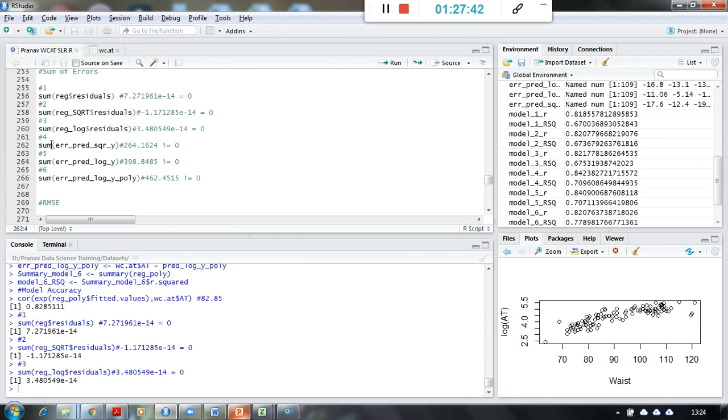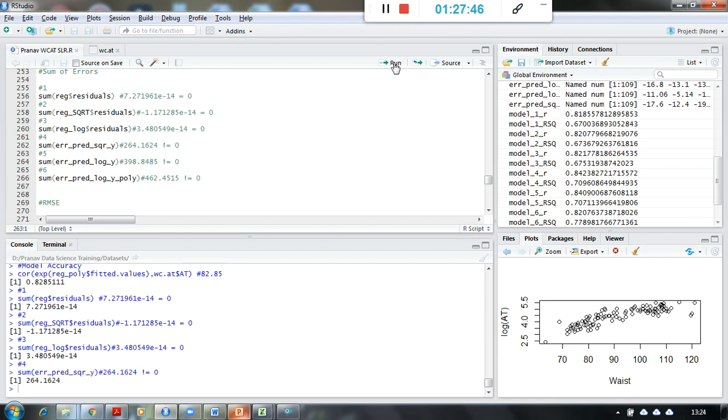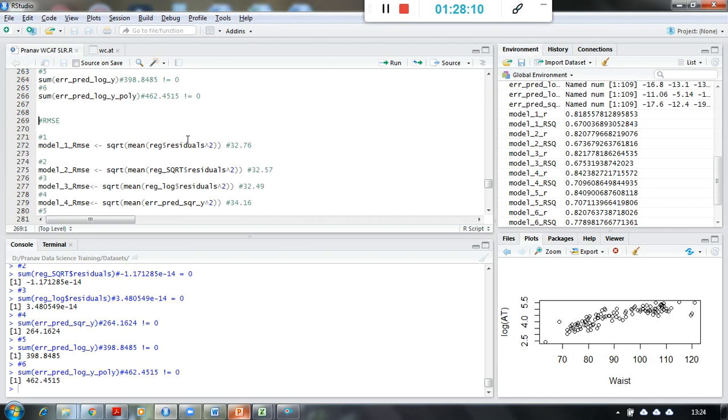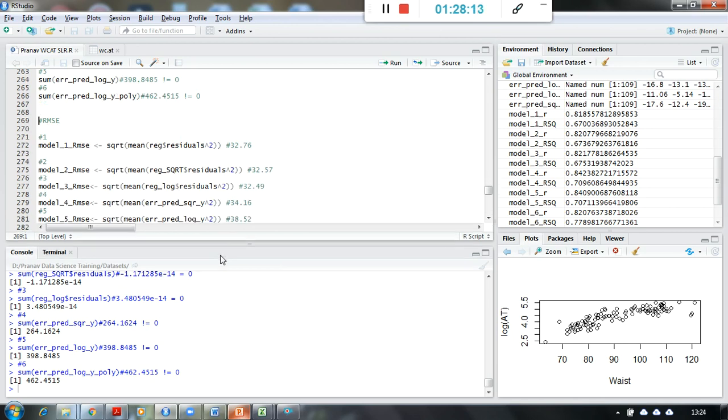But from the fourth model onwards, what we have done is we started transforming our y variable, and here you can see the summation of error starts to increase. This is just for understanding purposes, to show what happens when the models are being built up. Whenever you transform y, this condition is not going to be fulfilled, that the average of error or summation of error tends to be 0, and because of that there is another measure.